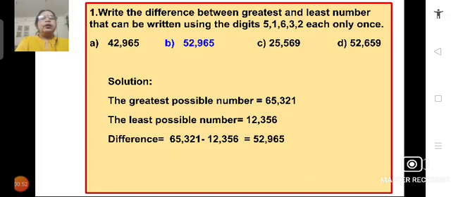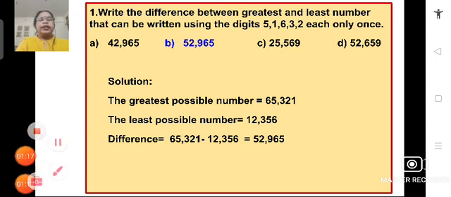Question number 1, write the difference between the greatest and least number that can be written using the digits 5, 1, 6, 3, 2 each only once. So what we have to do? We have to write the greatest possible number out of these digits and the least possible number and then find the difference.